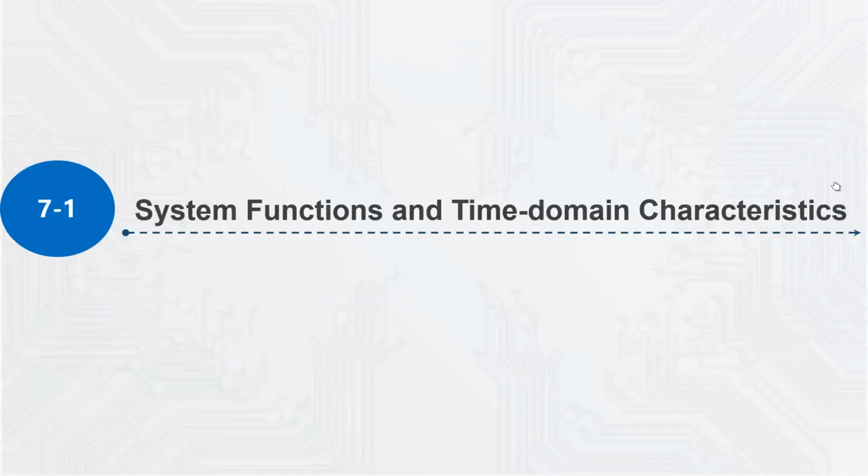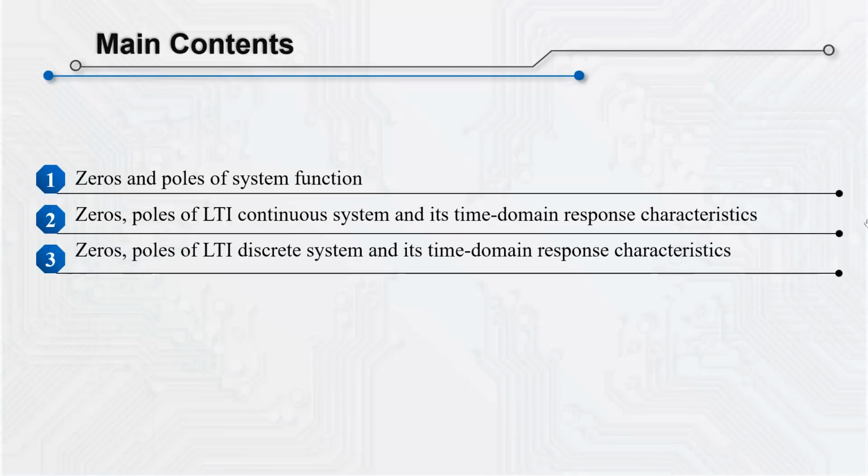In this section, we'll introduce the relation between system functions and time domain characteristics. Firstly, we present the system function with a zero-pole form. Then, we'll discuss the relation between the time domain response characteristics and zero-pole distribution of continuous and discrete LTI systems, respectively.